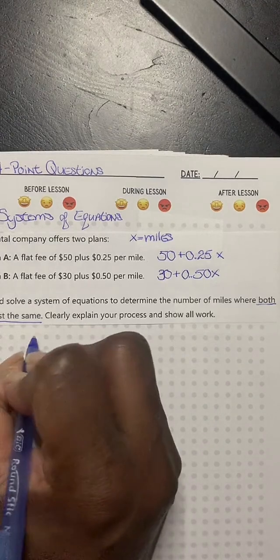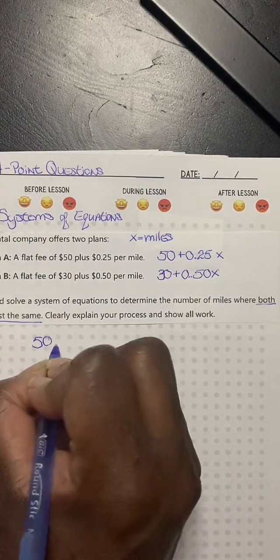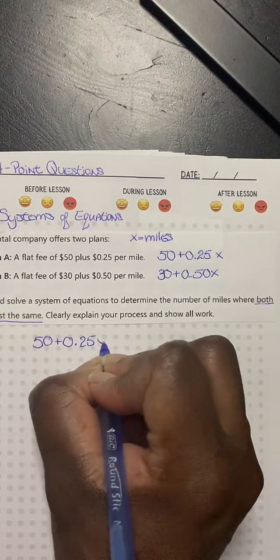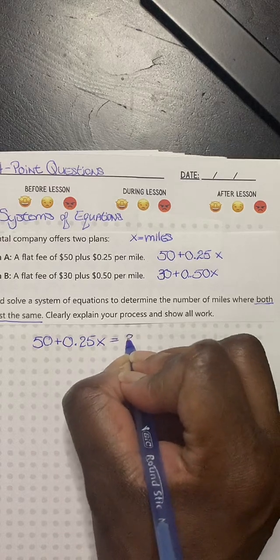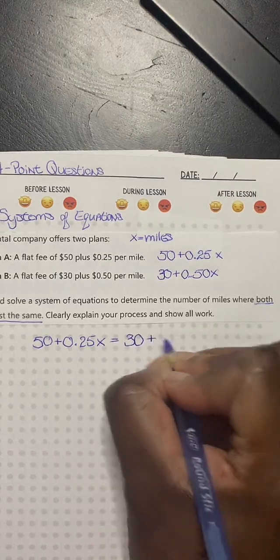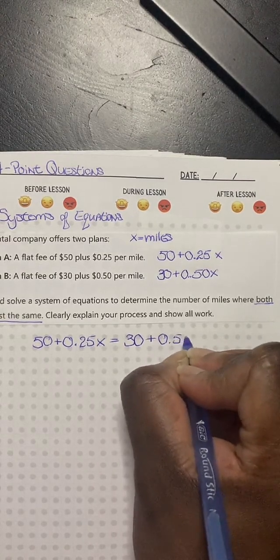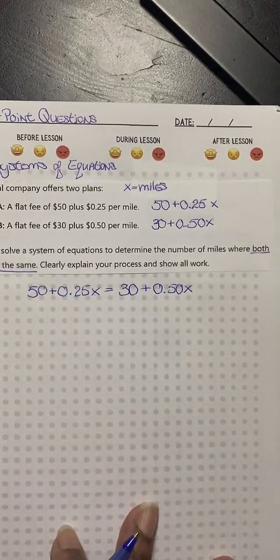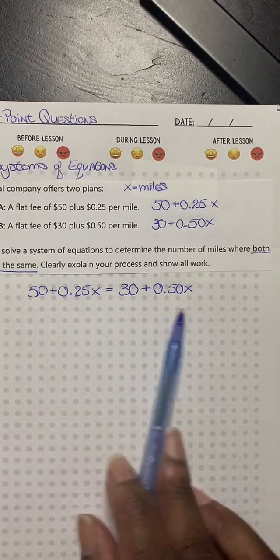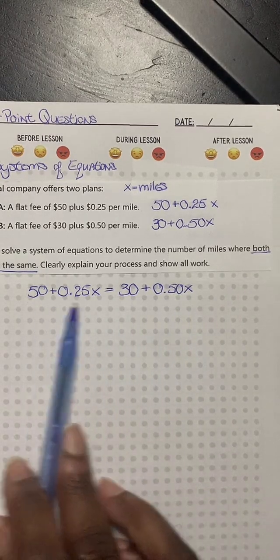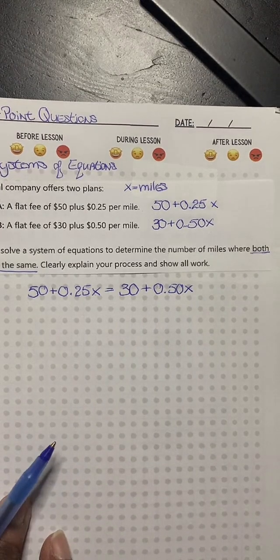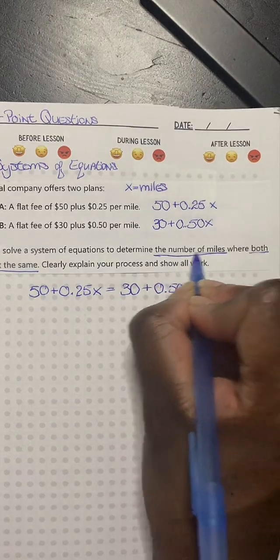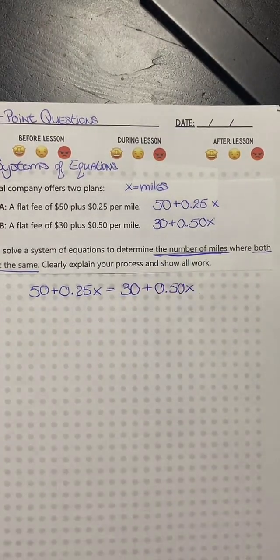So we have 50 plus 0.25X equals 30 plus 0.50X. By setting it up, we're going to be able to solve for X, because we want to know the number of miles where both are going to be the same.